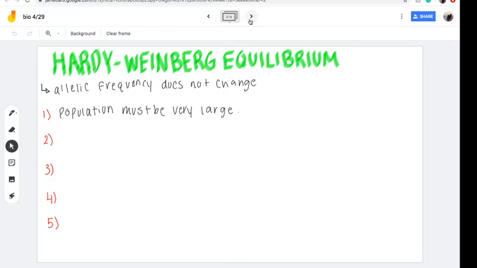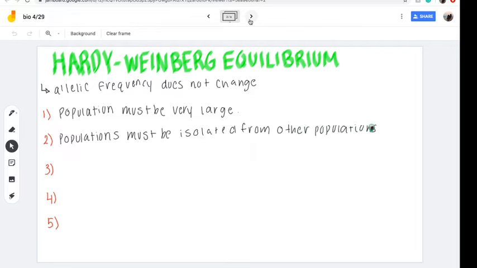Second, the population must be isolated from other populations. There must be no migration of organisms into or out of the gene pool because that could alter allele frequencies.